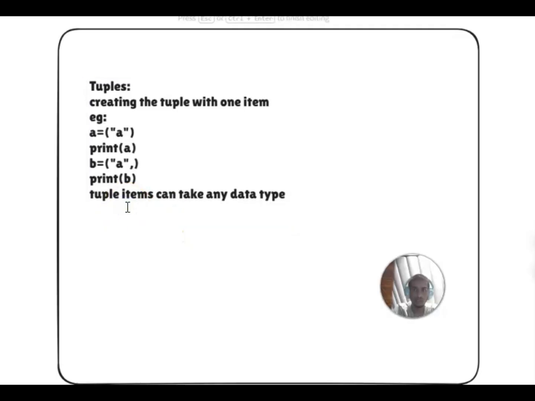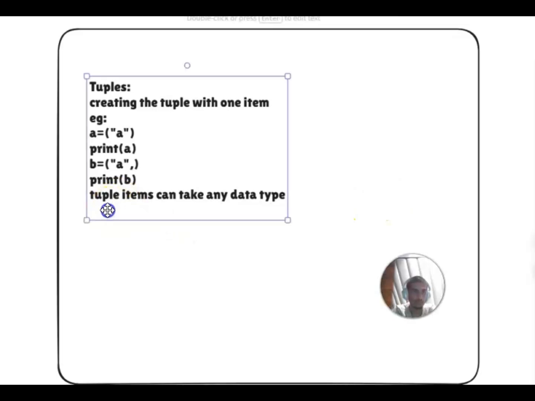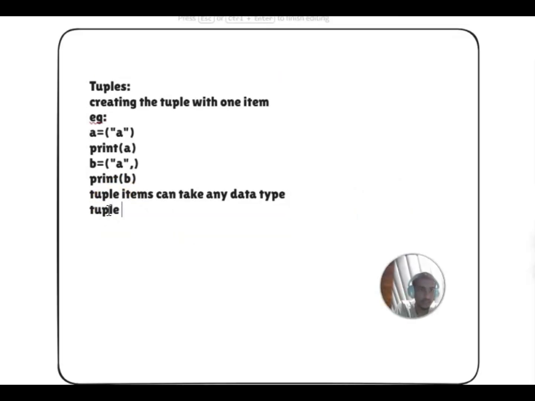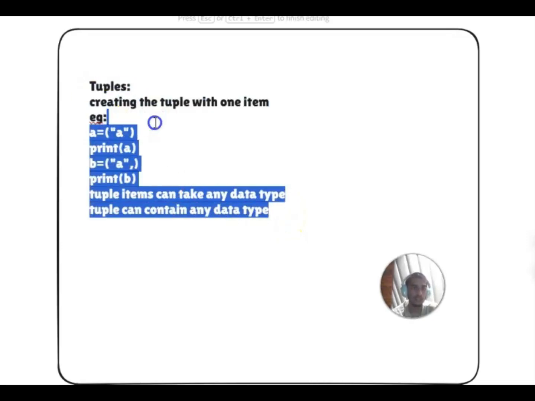In a tuple, you can store any kind of data type in a single tuple. A tuple can contain any data type. And it is similar to a list, the only change here is that it is an immutable type.